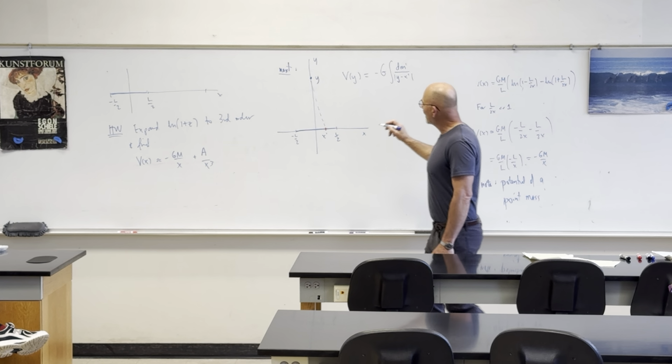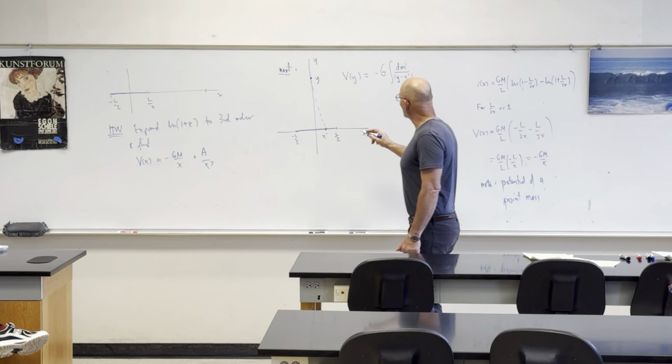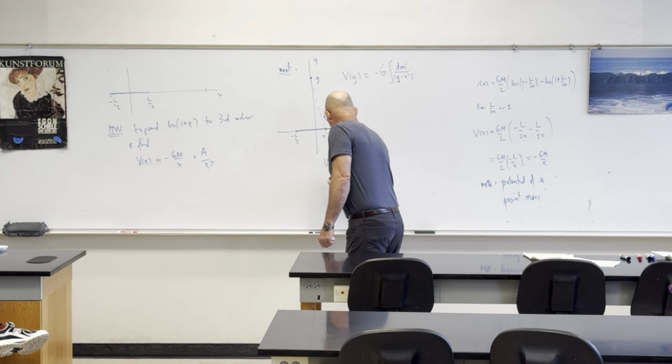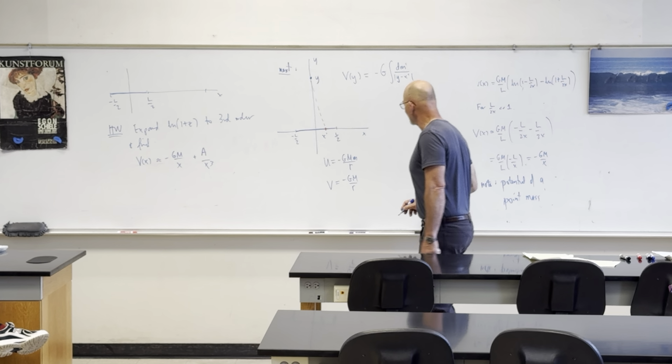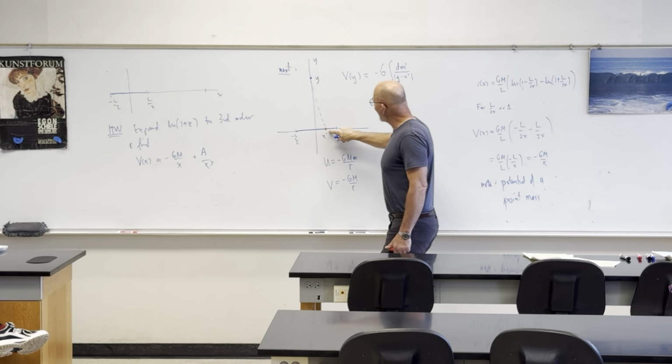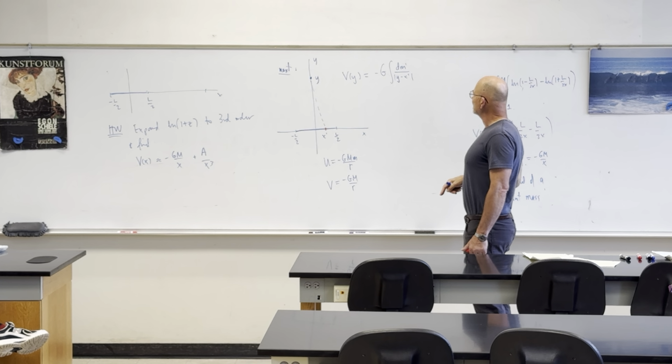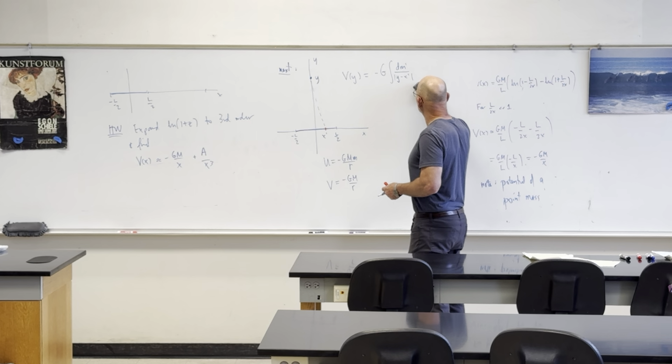Always remember what we're looking at: U is equal to minus GMm over r, and V is equal to minus GM over r. So what we're doing is just integrating at each mass point. We've got to get the distance to there. Actually, this may not be such a good way to write it, unless we treat this as a vector magnitude.